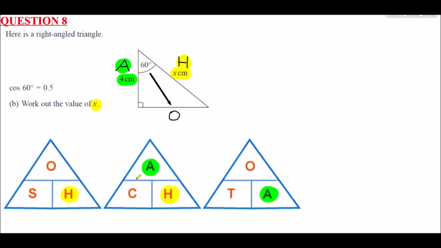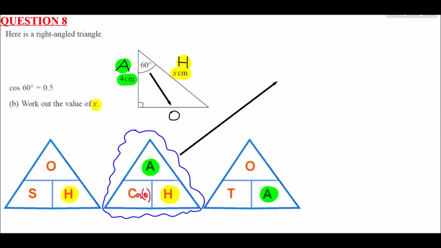Of these SOH CAH TOA triangles, I pick the one which has been most coloured in, essentially. So it needs to include the side I know and the side I want to know. So it needs to include A and H. And the only one of these triangles that includes the A and the H is CAH. I'm not trying to find the angle, so C in our case stands for cos of the angle. So we're just going to use this triangle here.